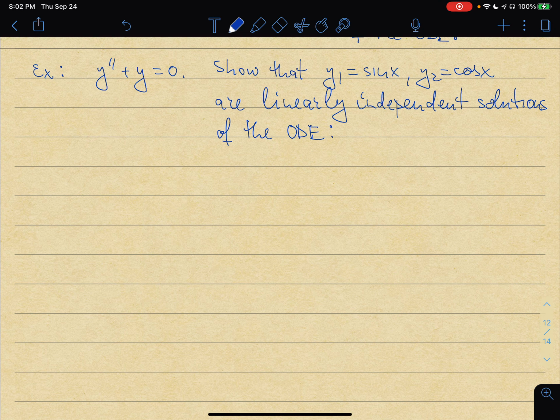Okay, so two things that I need to do. First of all, I need to show that they are actually solutions. And second, I need to demonstrate that those solutions are linearly independent.